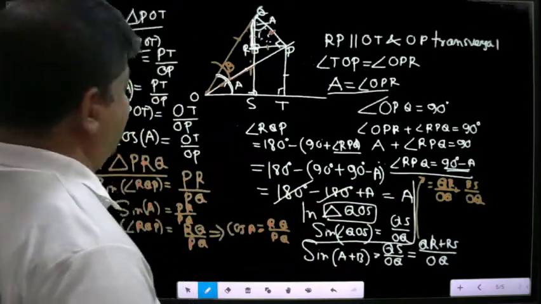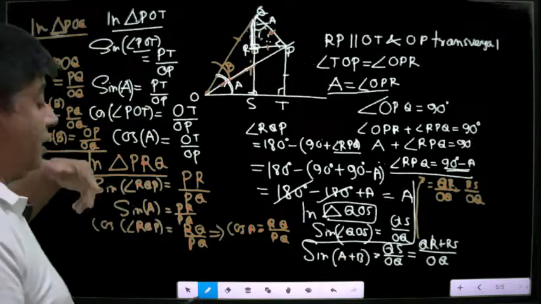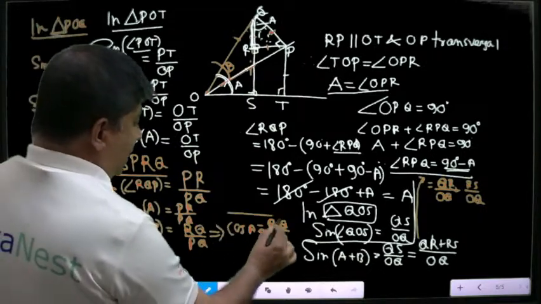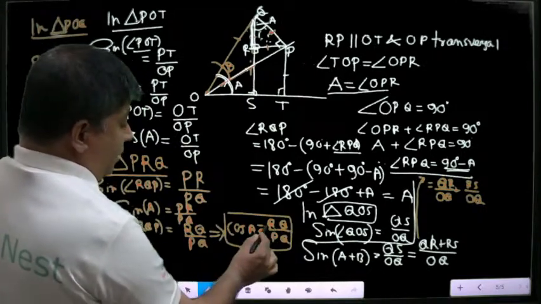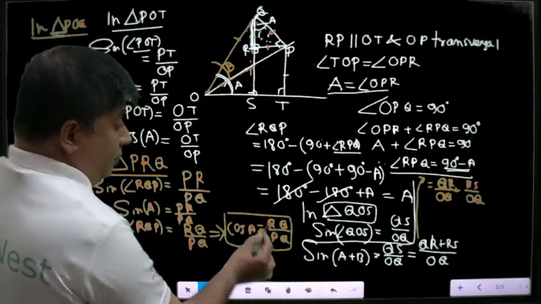Found some trigonometrical ratio here where QR is involved. You see here QR is involved. With QR we had PQ in the denominator.